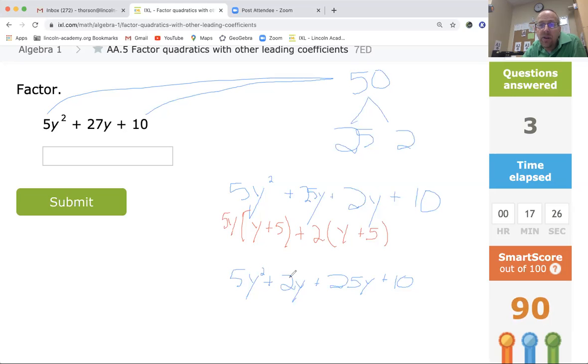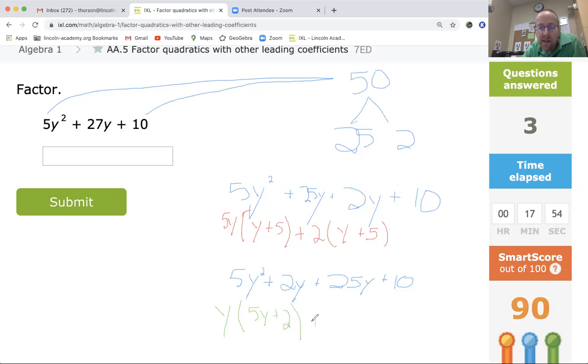But now let me show you that we would get the exact same answer if we did the other one in front, like you started out, Brock. The only thing in common with these two terms is there's no number in common, it's just the y, right? So if I did do the 2y first, I'd factor out just a single y, which would leave a 5y plus 2. And now what's in common with these last two terms?